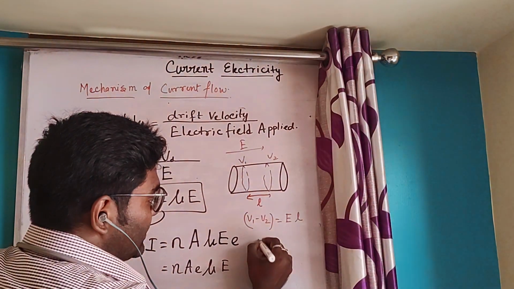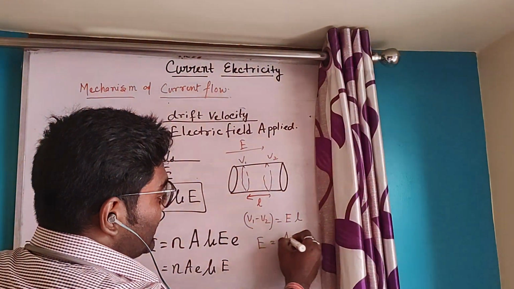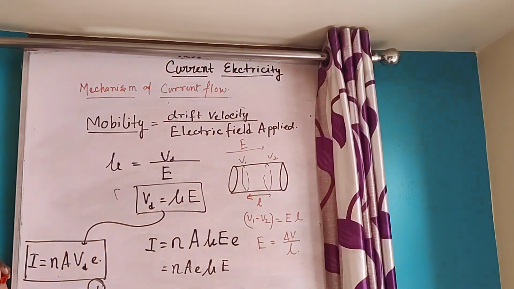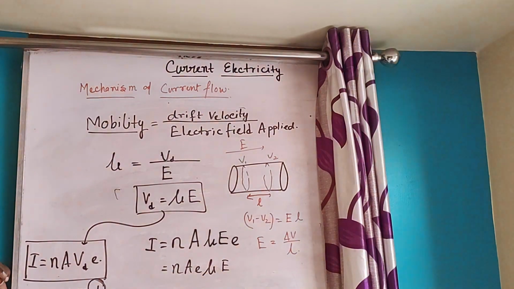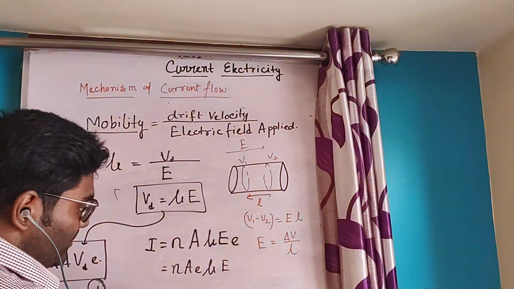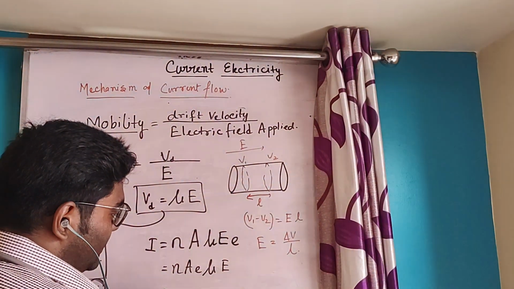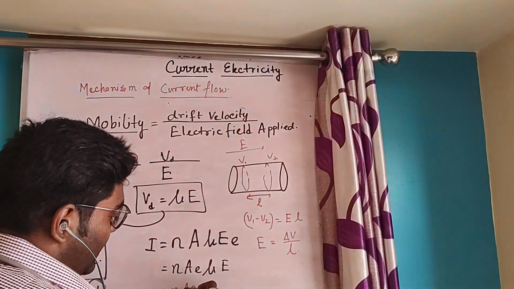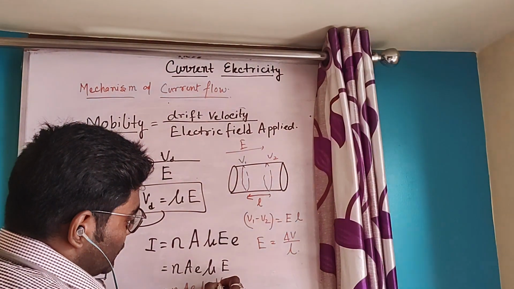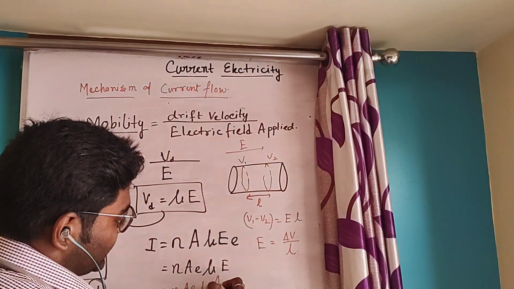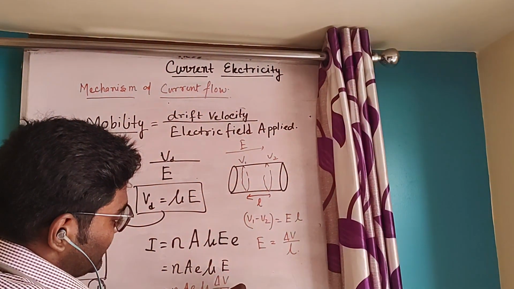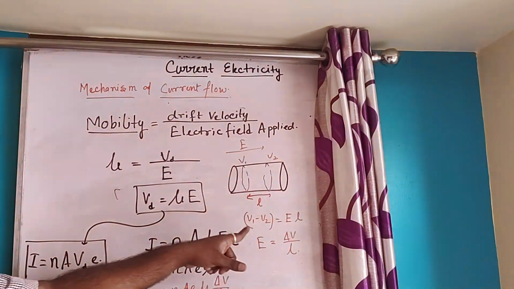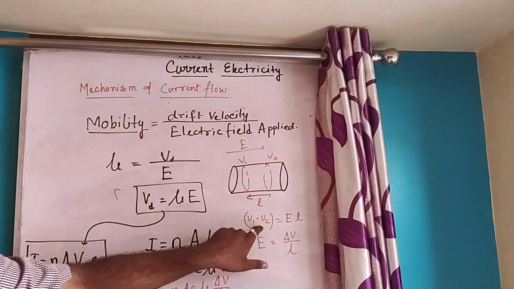Actually we know that the electric field applied is equal to the potential difference by L. So this is written as N A e into mu into potential difference by L. This was the relation between the potential and the electric field.